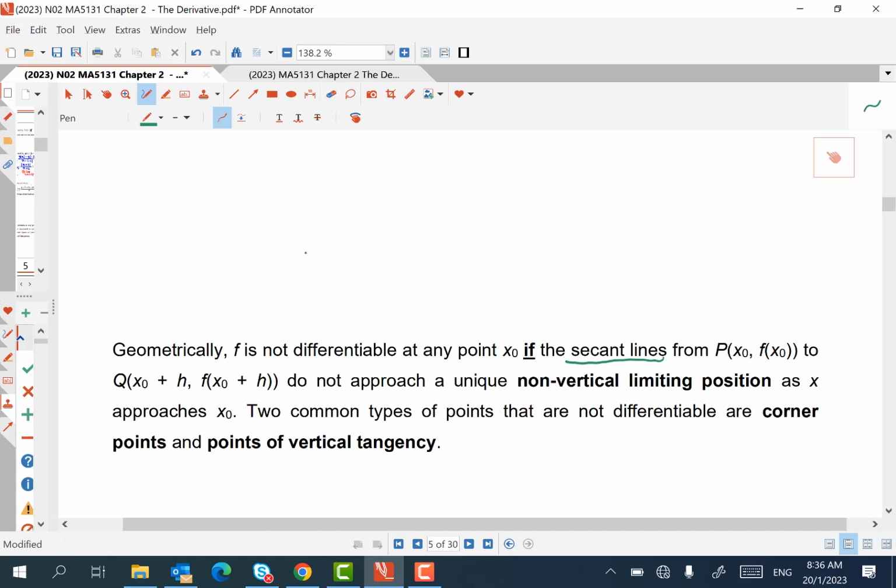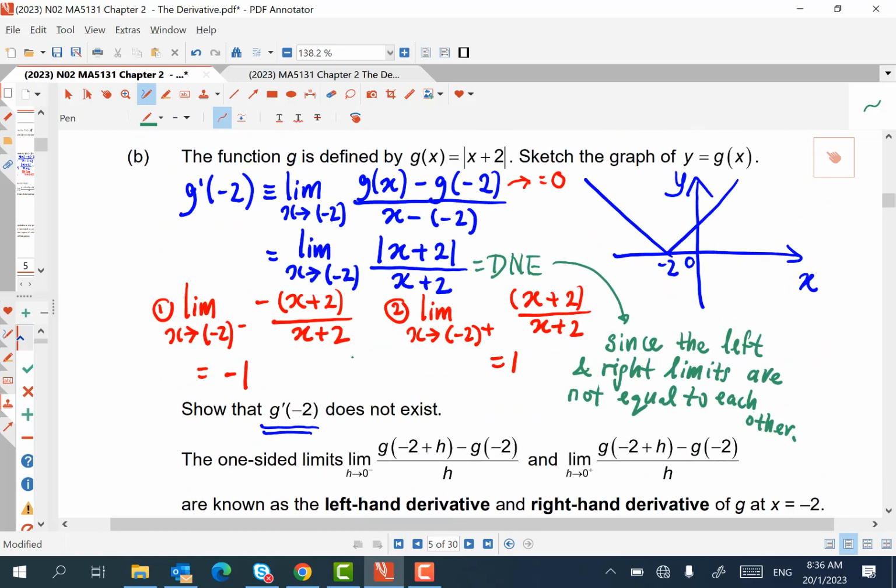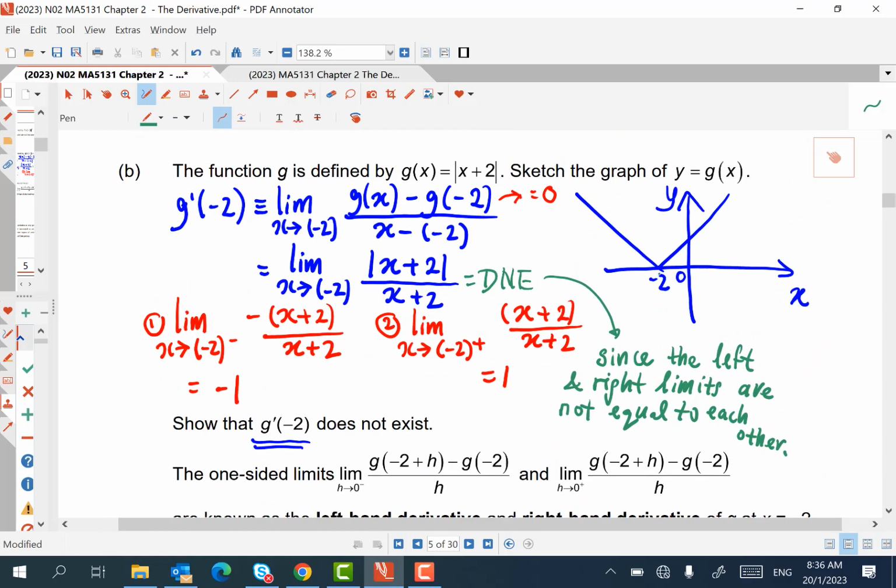What's happening here is this remark says if you try to draw a tangent line at this point, you're not sure whether you should draw it this way, this way, or this way. There are many possibilities. So for this reason, you can tell geometrically that the gradient at the point is not defined.